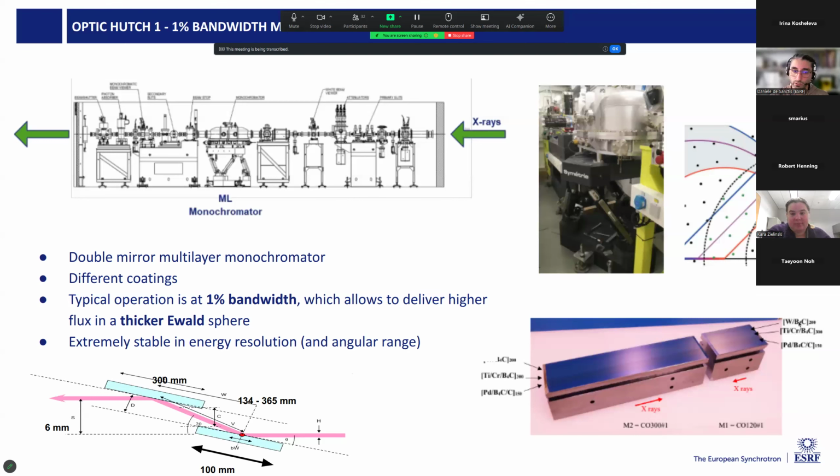Then we have an additional coating, which was initially designed to work at high energy. The whole system is mounted on a hexapod, which was a very convenient solution: rotation around an arbitrary axis placed on the surface of the first mirror changes the energy, and changing the height of the whole hexapod allows us to change the stripes, avoiding the mechanical problem that could come from stacking different tables on top of each other and making it less stable.